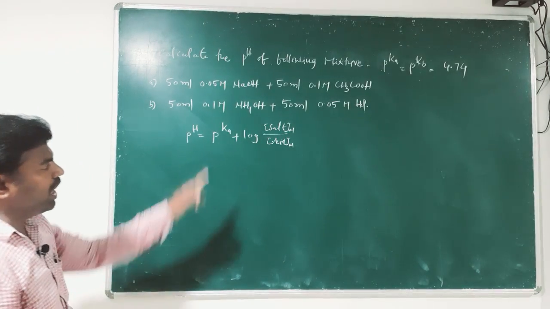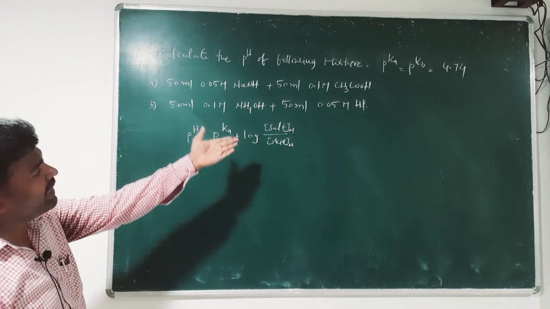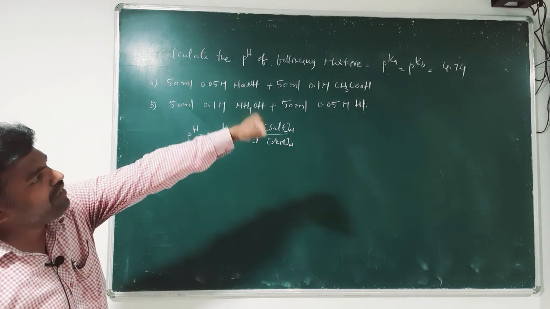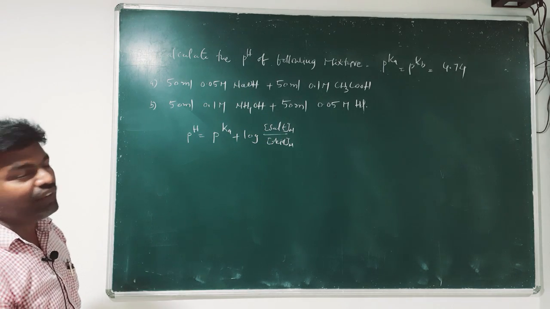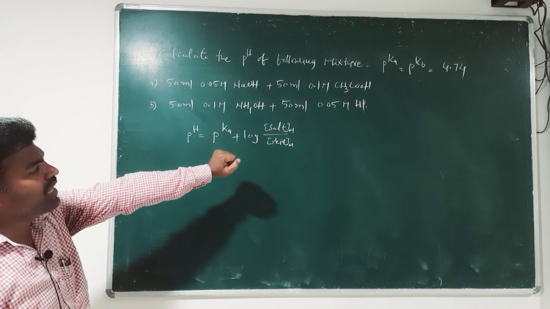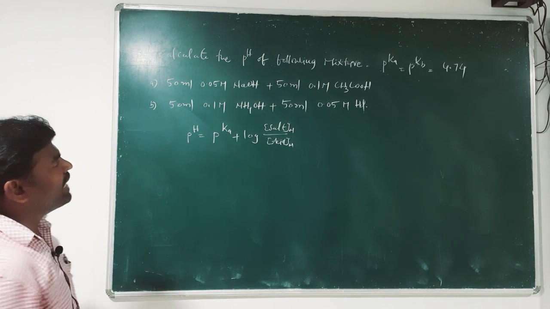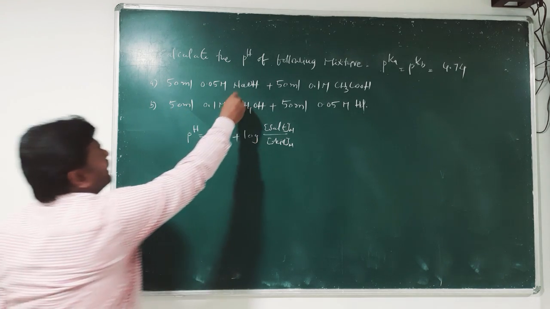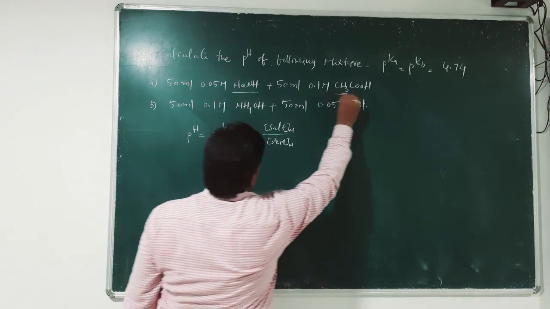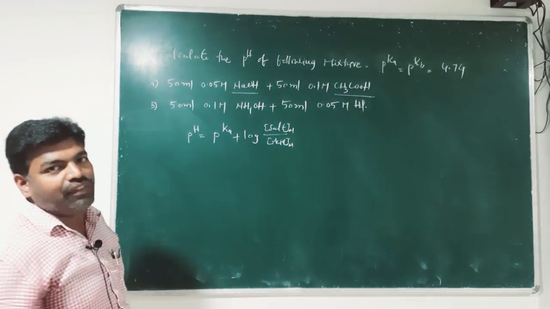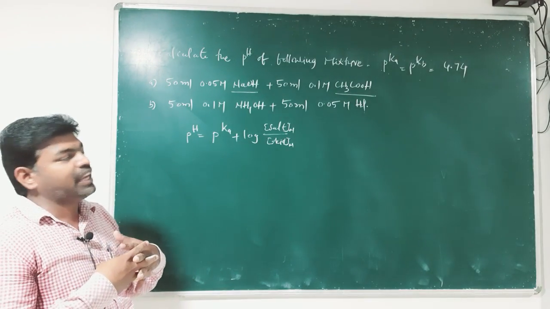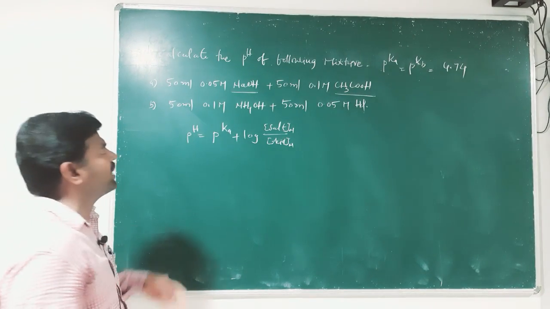They have given the pKa value, that is 4.74, but we should know the concentration of salt and the concentration of acid. When we mix the acid and base, a chemical reaction takes place, that is neutralization.